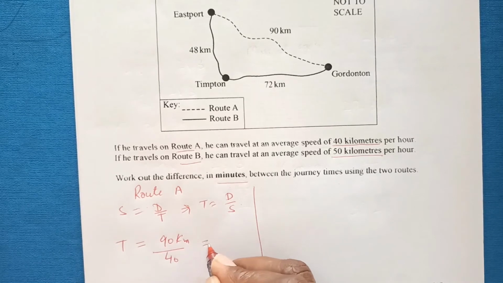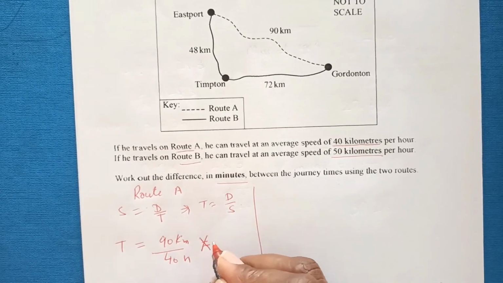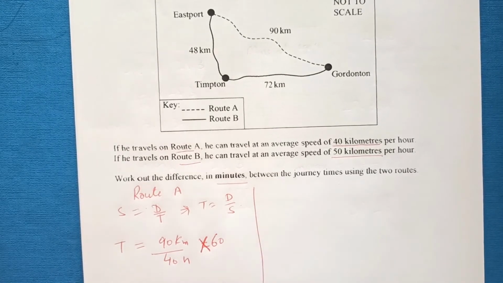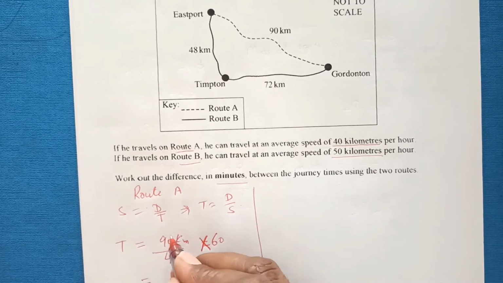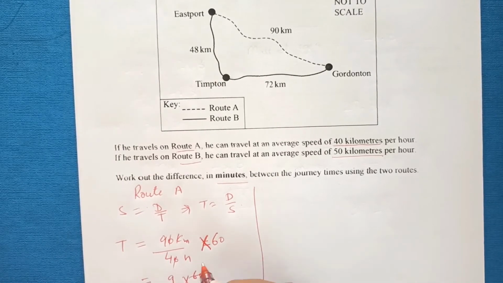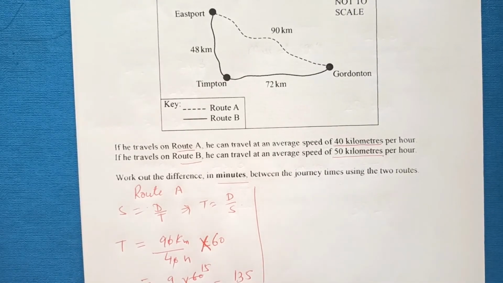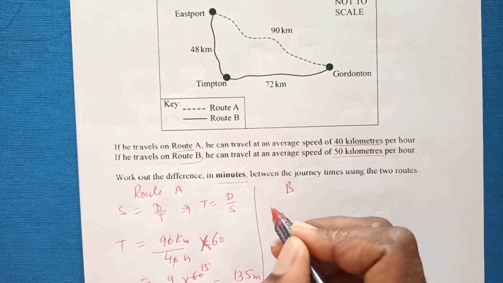When you calculate this it is going to come in hours, but we need the answer in minutes. So we can just multiply by 60 to get the answer. So this is 9 over 4 times 60. 15 times 9 is 135. So this is 135 minutes.